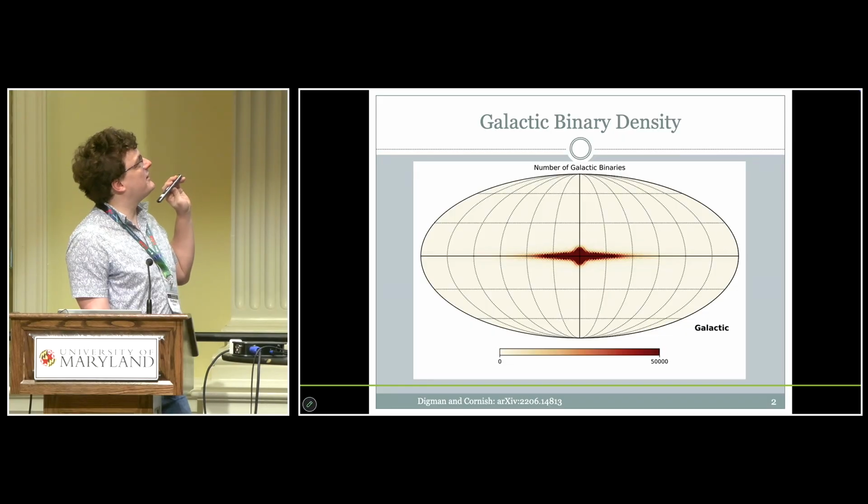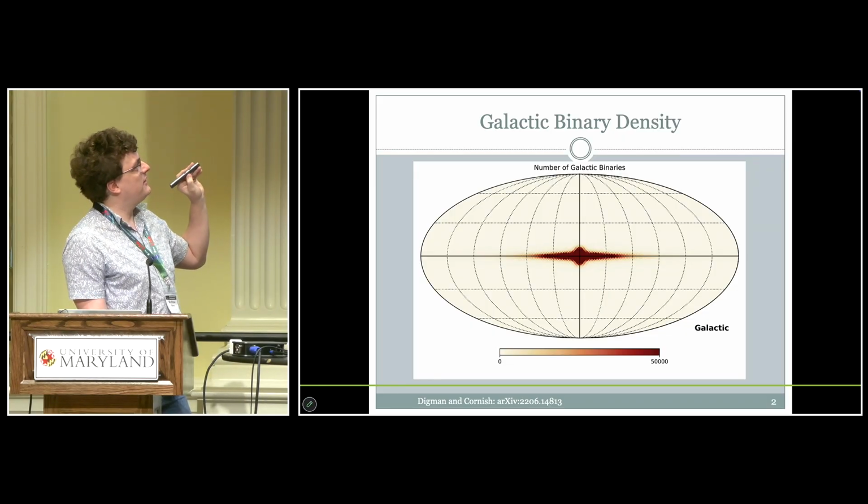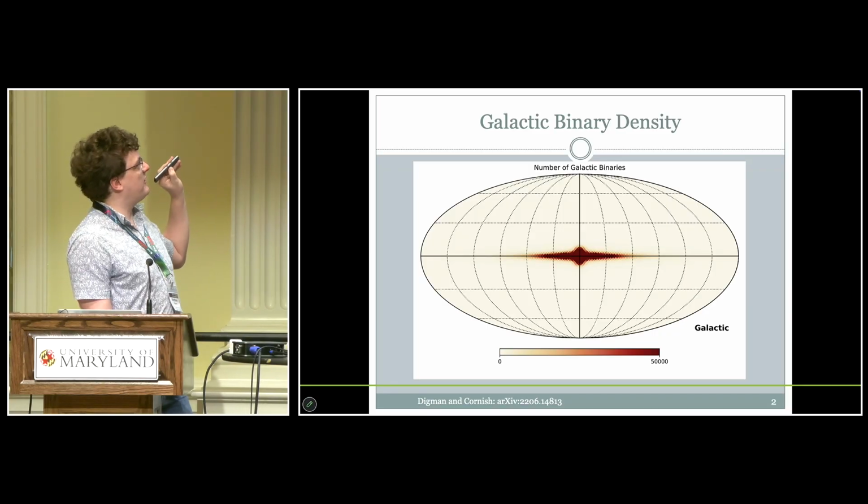So we have something like this, and as LISA's antenna pattern rotates, it'll come across something like this. I can't project it into the coordinates right now, but it is a quadrupolar antenna pattern that rotates and crosses near the galactic center twice per year.